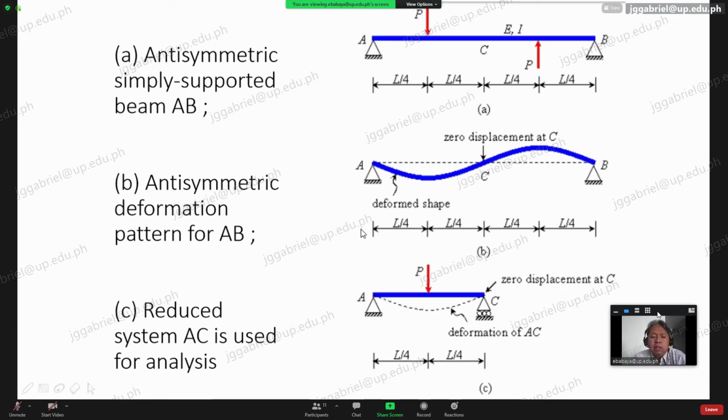So if you are analyzing, or let's say the structural engineer is analyzing many structural elements, let's say 50 kamo na. But since most of them are symmetric or antisymmetric, reduce into 25 na lang. No? Because you can have this assumption.